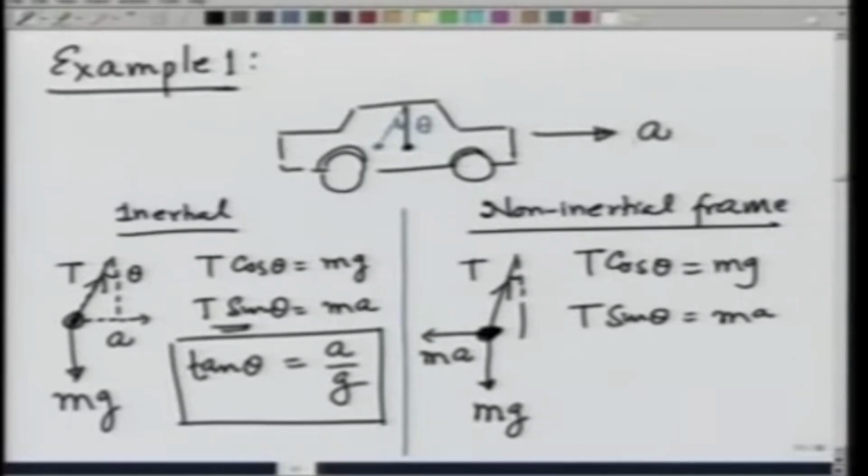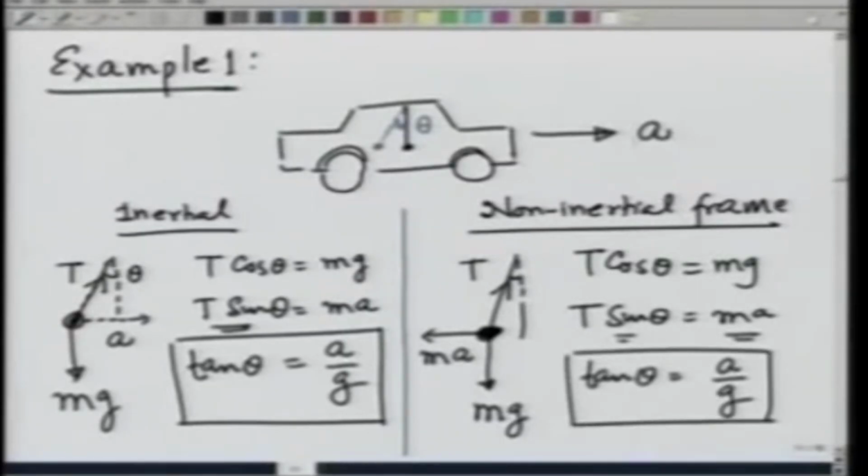In the non-inertial frame, T sine theta balances the fictitious force, with the final result of course being the same, that tangent theta is a over g. So you see two ways of looking at the same problem, and of course I should get the same final answer, same effect.